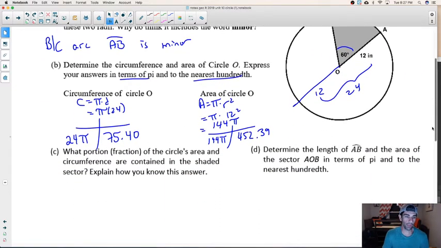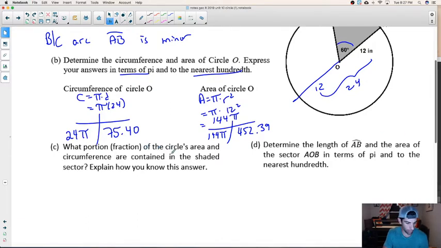What portion or fraction of the circle's area and circumference are contained in the shaded sector? What I want to know is what my daughter, who is in 2nd grade, is learning right now: what portion, or fraction, of this circle is contained in this sector?